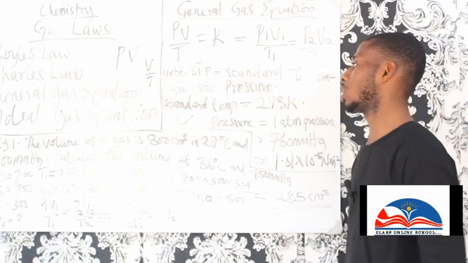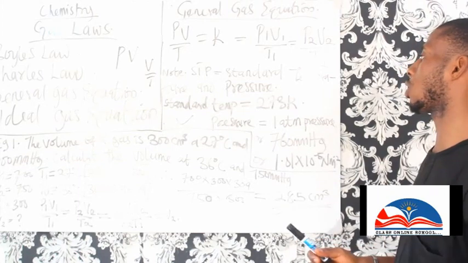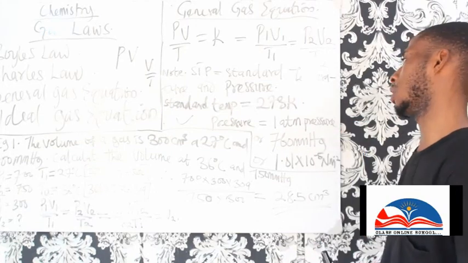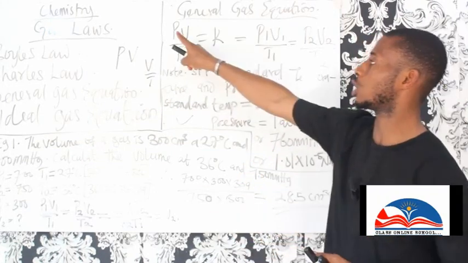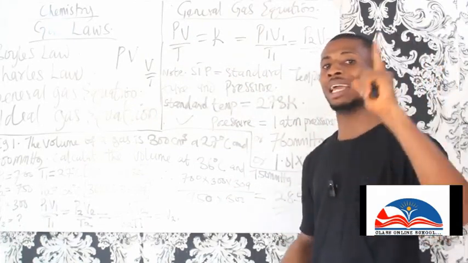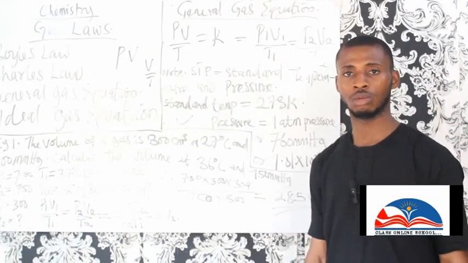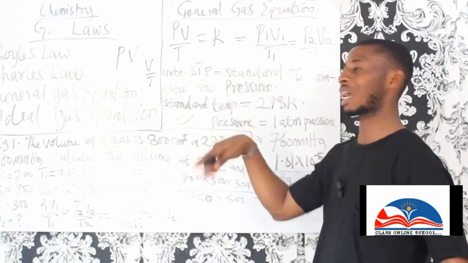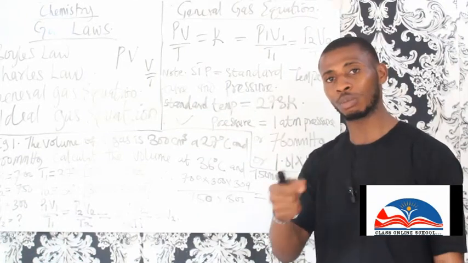Okay, that's just it. The next thing we are going to talk about is the ideal gas equation. But before I go to the ideal gas equation, I would like to give a little tip. Every standard gas must have pressure, volume, and temperature for it to be standard. But for a gas to be an ideal gas, you must have the number of moles. This can be any kind of gas, but the gas is ideal, that means it has a number of moles.